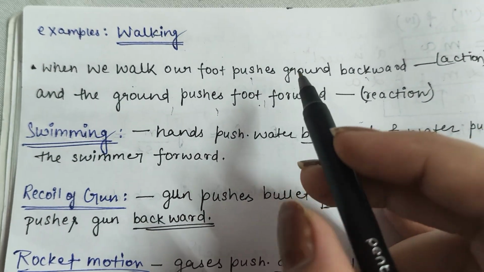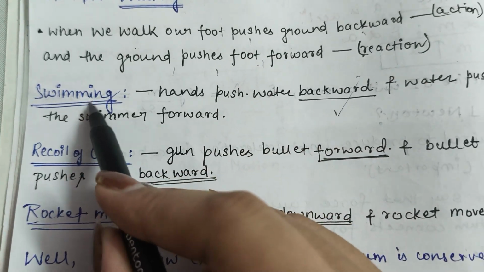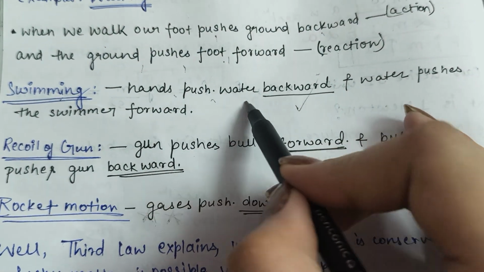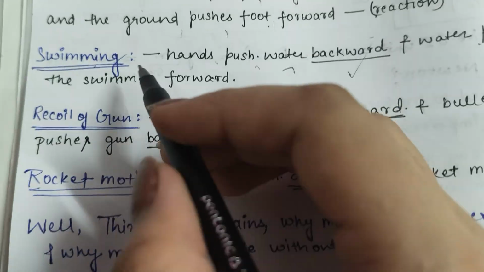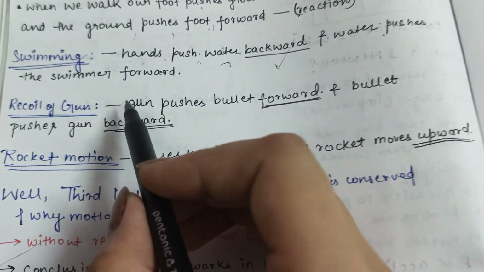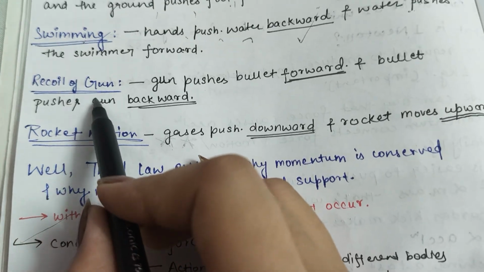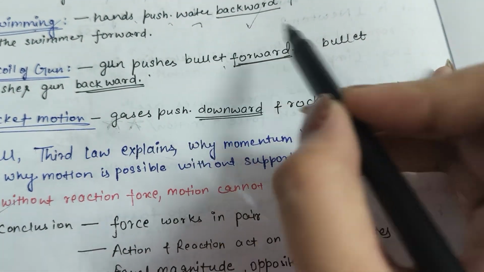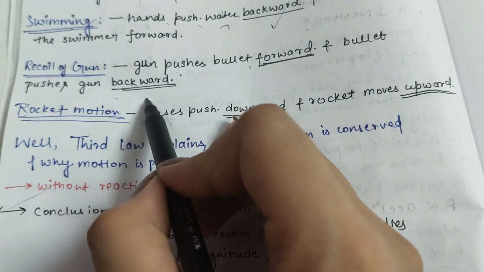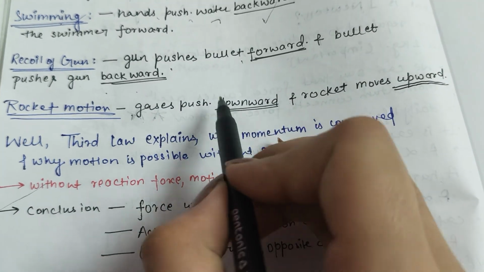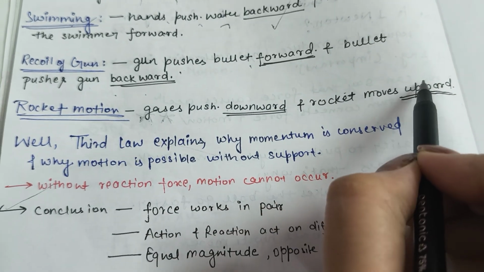That's why they are not canceling each other. Swimming: the hands push water backward and the water pushes the swimmer forward. The recoil of a gun: the gun pushes the bullet forward and the bullet pushes the gun backward. Rocket motion: gas pushes downward and the rocket moves upward.